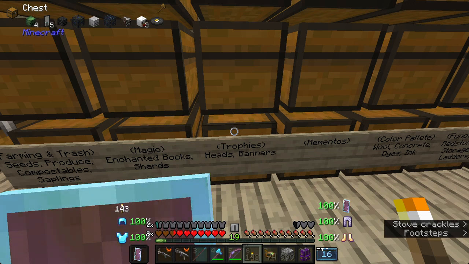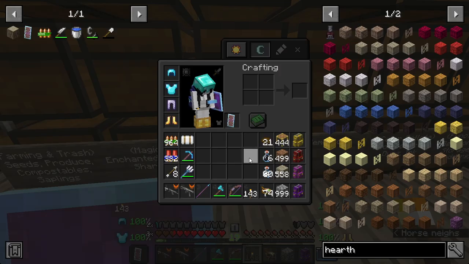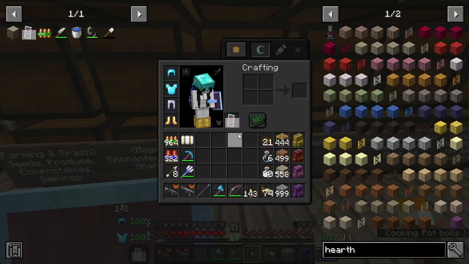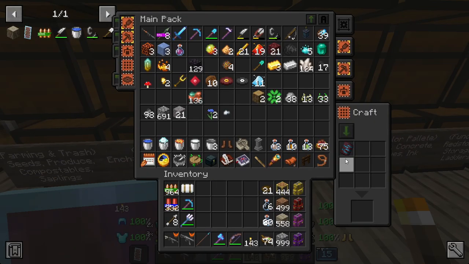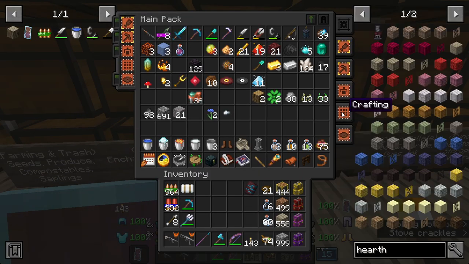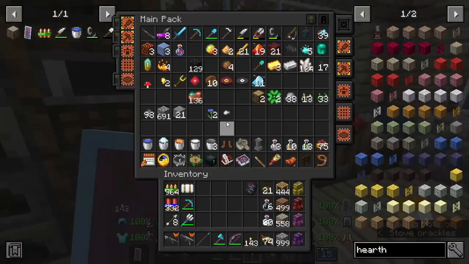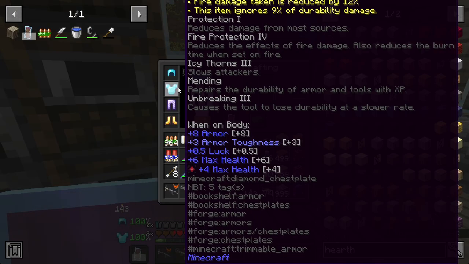Where do I put smithing templates? I know where.